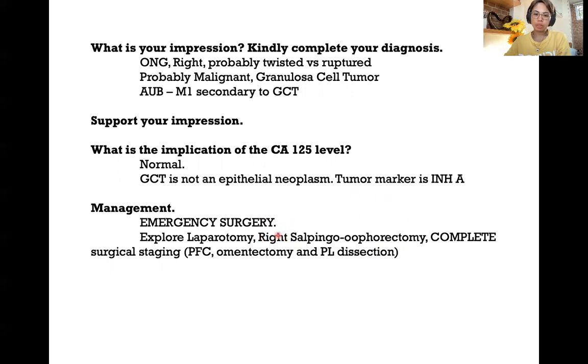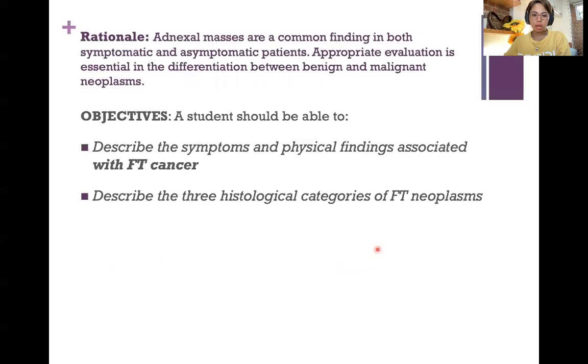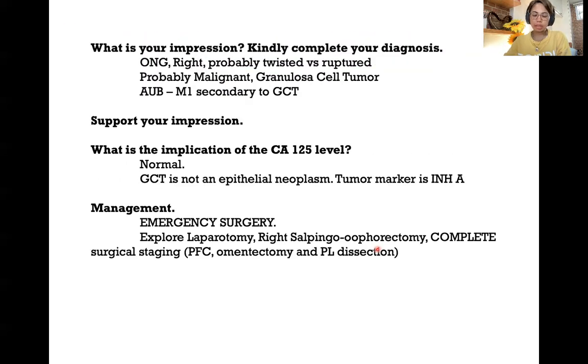Since it's the right, we remove the right ovary and fallopian tube, and complete surgical staging, PFC, omentectomy, and pelvic lymph node dissection. I think I failed to write that, of course, with frozen section, because we cannot just assume that this is GCT without histologic support. So a frozen section should be done to ensure that our clinical impression is supported by the pathologic microscopic findings.